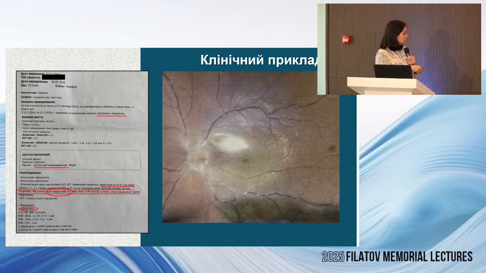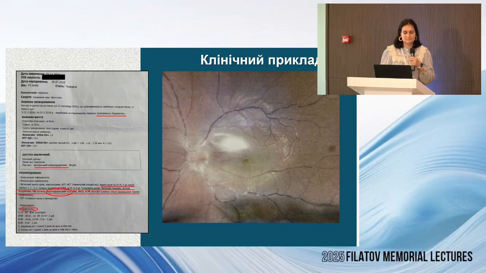I didn't tell you in detail, but I want to highlight the number of tests that shouldn't be prescribed. When we have chorioretinitis, it can be both toxo or TB. There are no options. Look how many tests were performed.